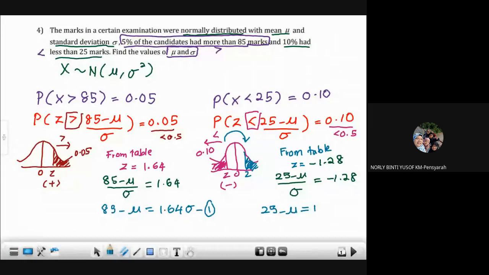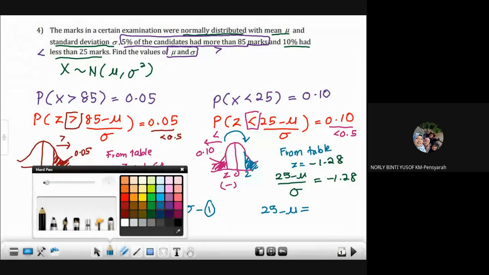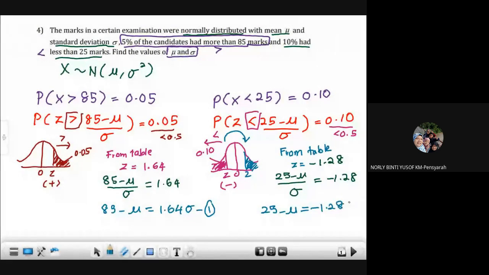So negative 1.28 sigma. So that is the second equation. Reading the Z also carries marks in the table, meaning you read Z correctly by stating which difference is smaller. So build up the simultaneous equations.